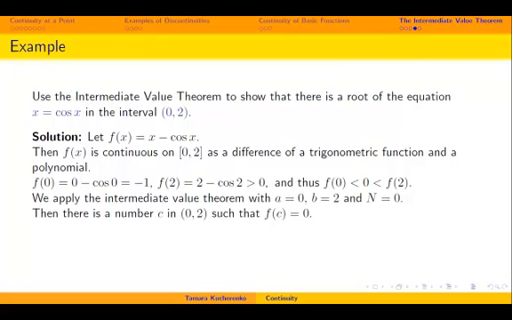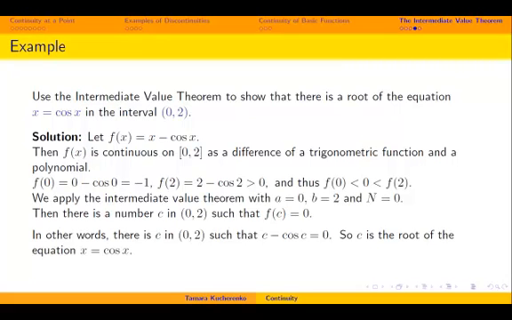Then, the intermediate value theorem guarantees that there is a number c in the interval (0, 2) such that f of c equals 0. In other words, there is a number c between 0 and 2 such that c minus cosine c equals 0. So c is the root of the equation x equals cosine x.